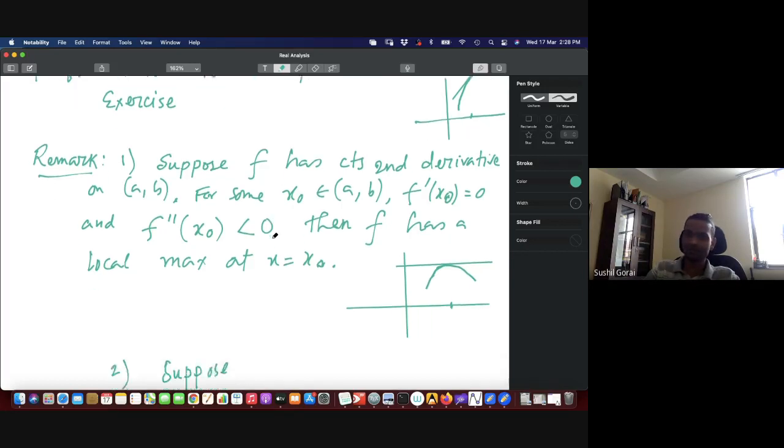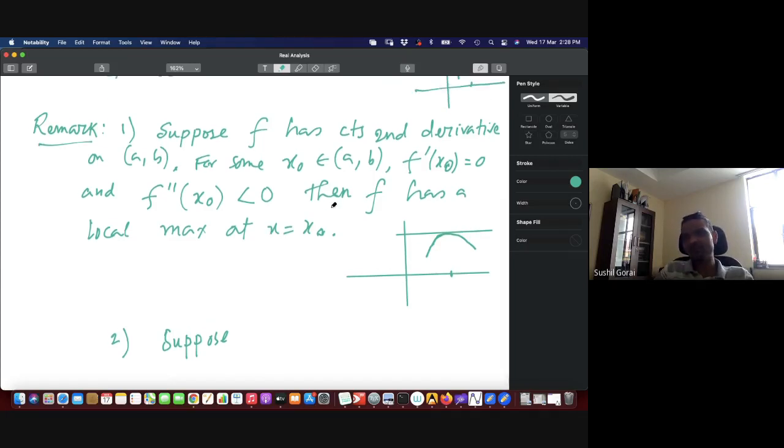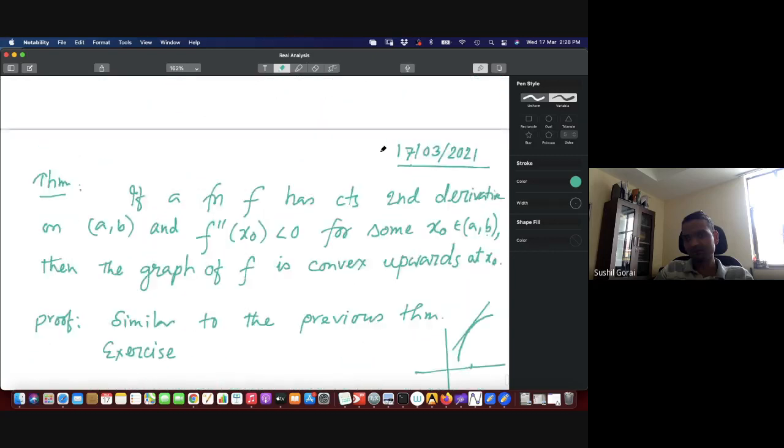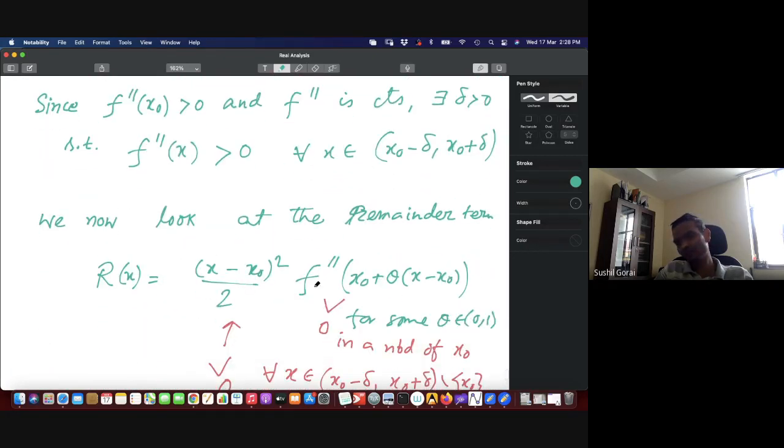That will be automatically continuous. But in this proof, you need continuity in a neighborhood of x naught.